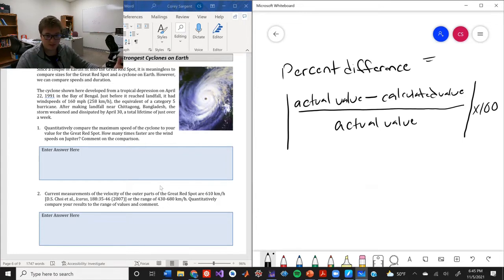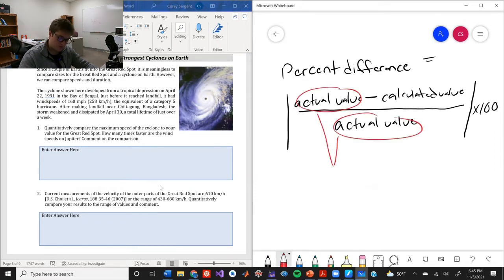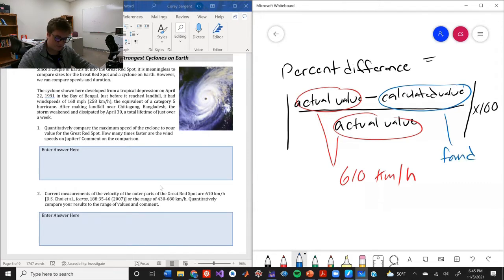That gives you a percent. So your actual value, in question 2, is equal to 610 kilometers per hour, and your calculated value is the one found from part A.